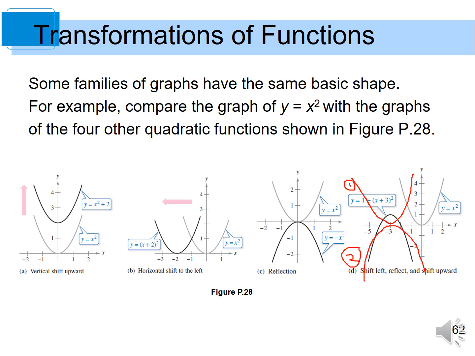And for the third operation, you can see plus 1, so move upward vertically by 1 unit. So you can see the vertex point is here, right? So you move 1. So this is the vertex point. The darker color one is after you perform the third operation.